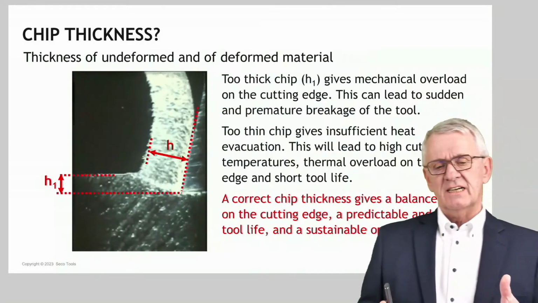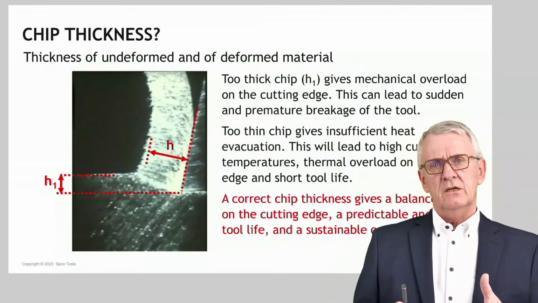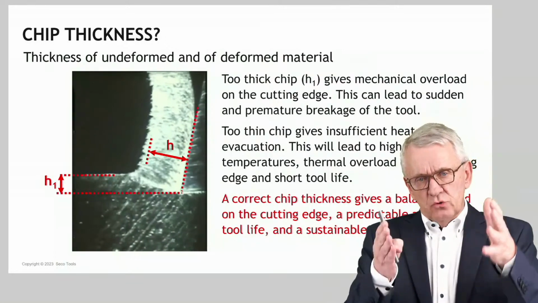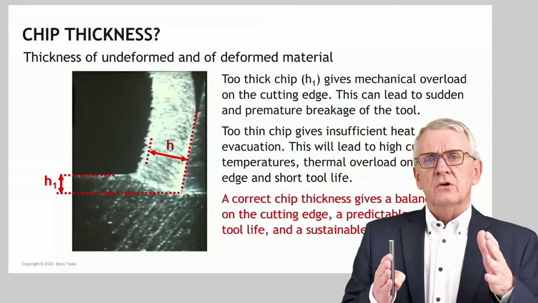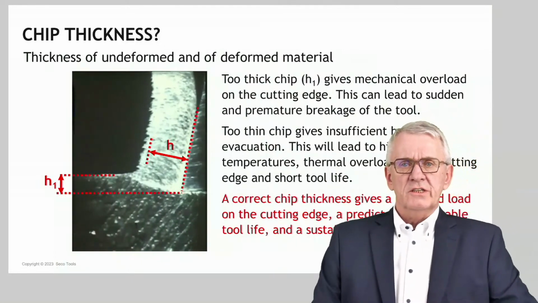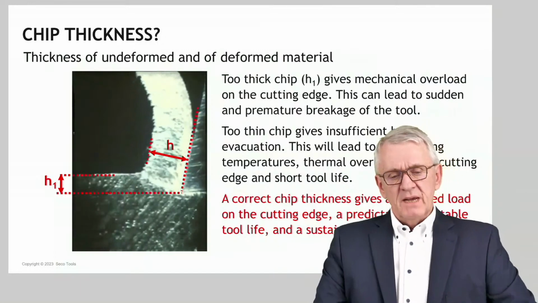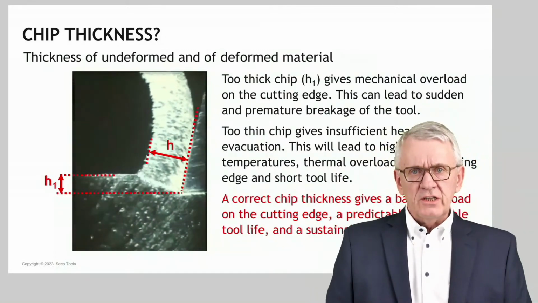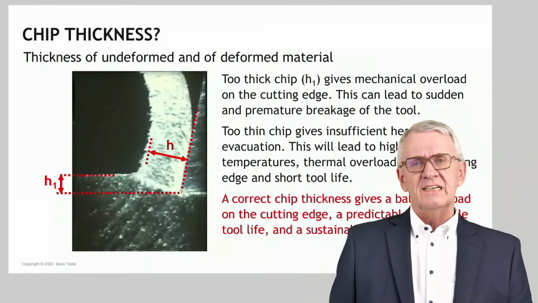And you should think like that: if the thickness of the material you want to machine is too high, if the thickness is too much, you are going to have problems with the cutting edge during machining, because mechanically the cutting edge is going to be overloaded. The cutting forces are going to be too high.